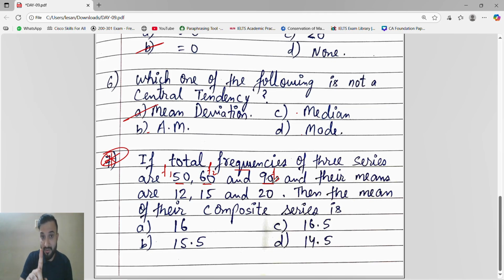But we will read the further question and then analyze it. And their means are 12, 15 and 20. We have to find the mean.